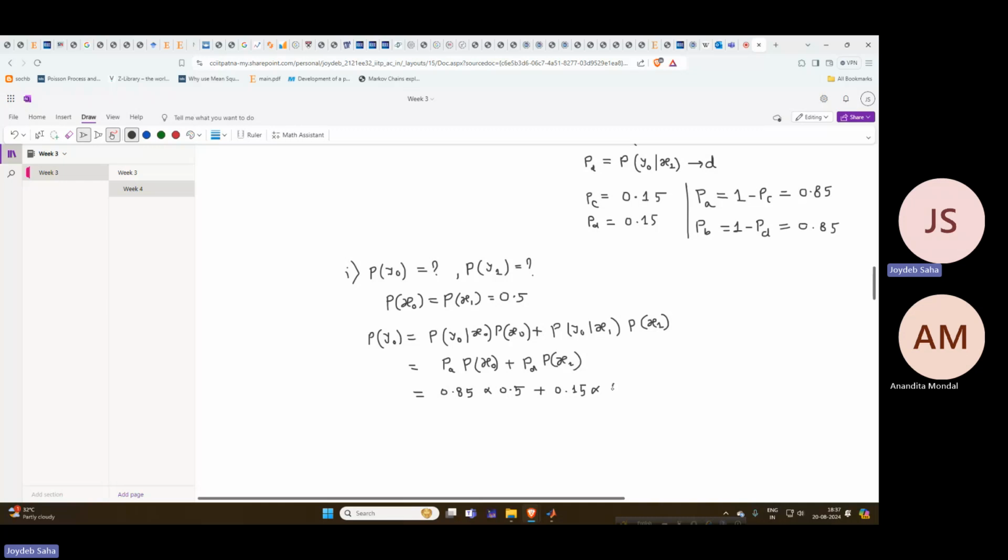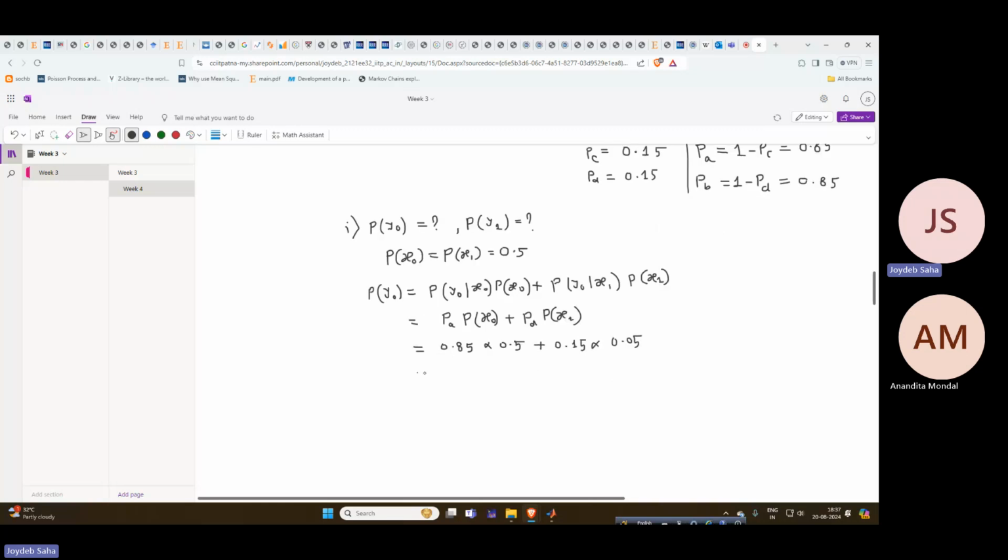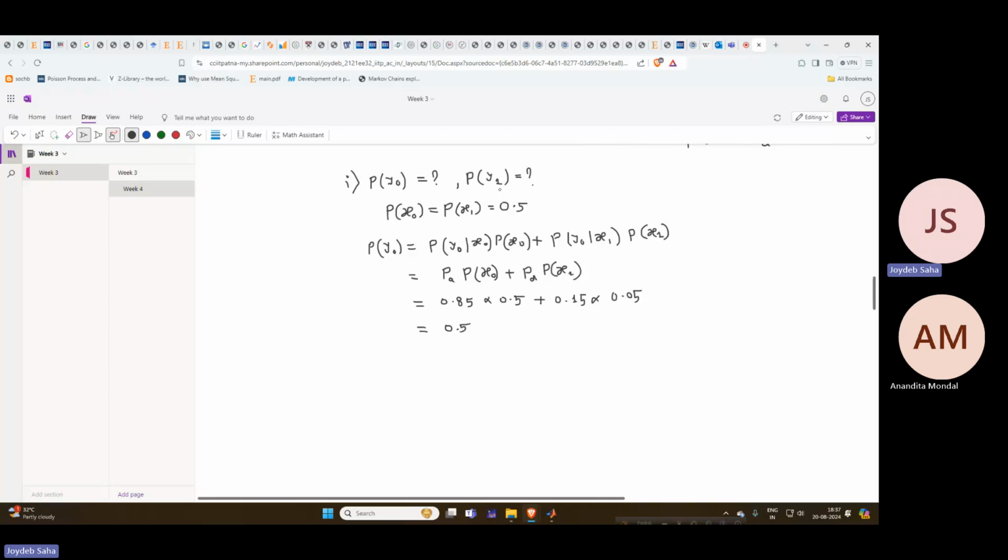X1 is 0.5. So probability of y0 is nothing but, if we calculate this, we will get 0.5. Okay. Now, what is probability of y1?